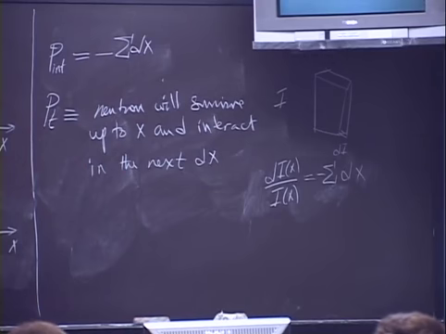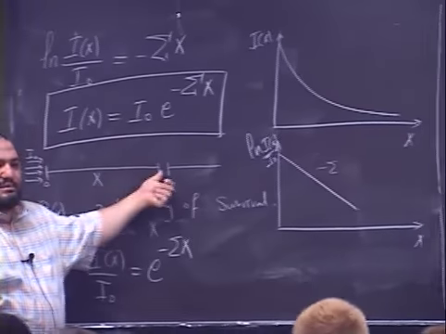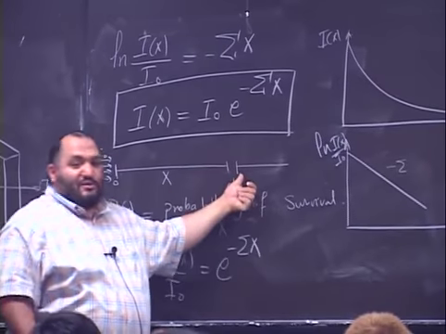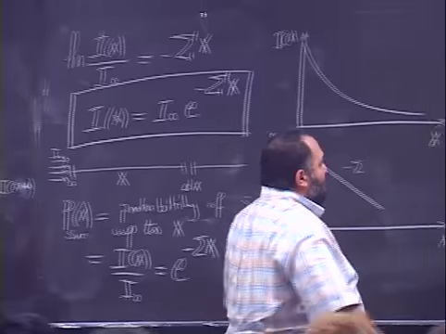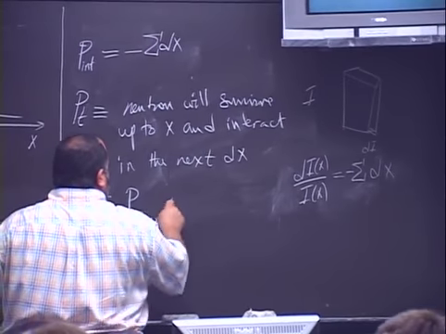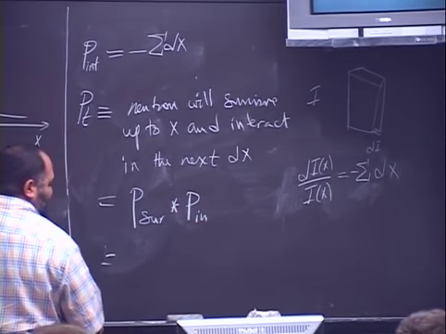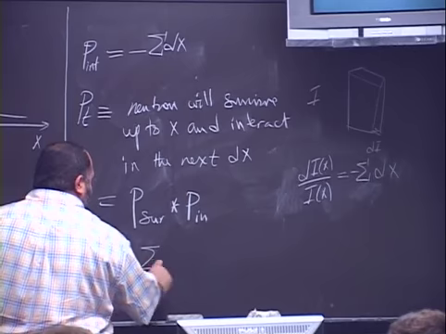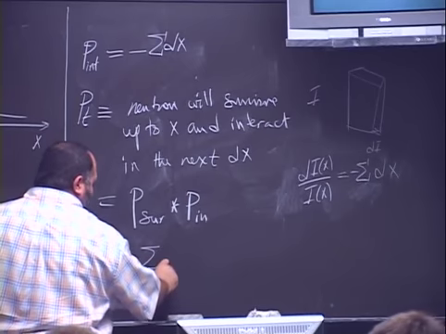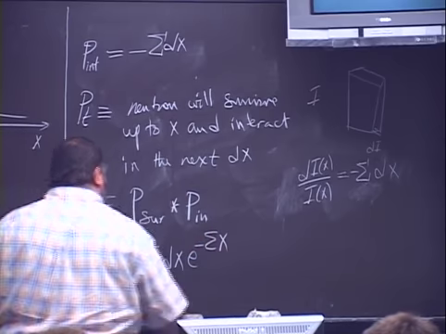It's the multiplication of both probabilities. It's the probability that you will survive up to here multiplied by the probability that you will interact here. Yes? So it is P survival multiplied by P interaction. And this will be equal to what? Sigma multiplied by dx e to the power of minus sigma x.